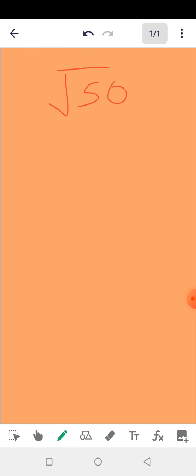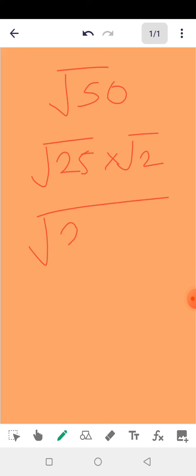So for this question, it will be square root of 25 times square root of 2. But please do not forget, I can also write this as square root of 25 times 2. Now the square root of 25 is 5. Now since 2 is not a perfect square, I will leave it in the square root symbol. So it will be 5 root 2.